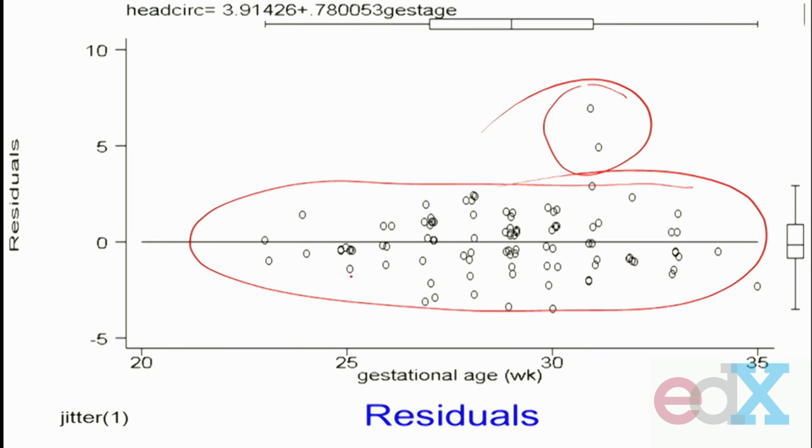You shouldn't have something fluting out like this, which says that on the extremities the residuals are much more variable than in the middle. You shouldn't have the residuals going up like this, or on some sort of curve. They should be just all over the place, the same as they are here. That's what we expect to see.